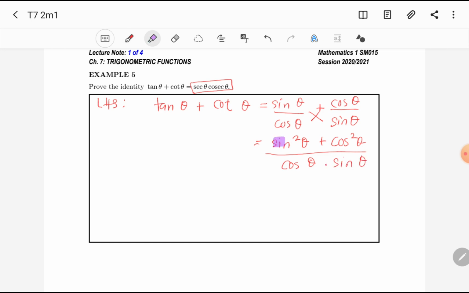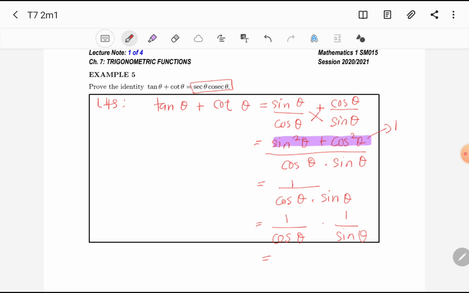Okay, tengok kat atas. Sin squared theta plus cos squared theta equals to 1. Very good. Okay, so we will get 1 over cos theta times sin theta. Or we can write as 1 over cos theta times 1 over sin theta.